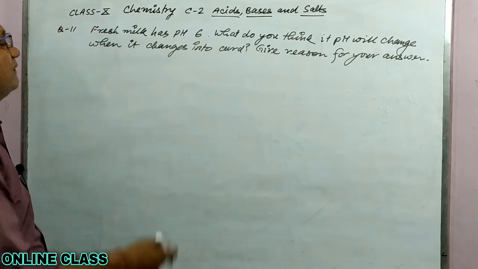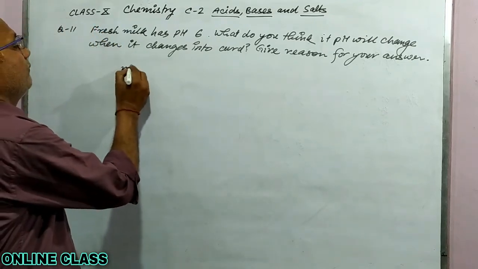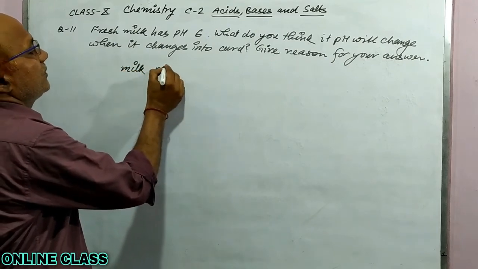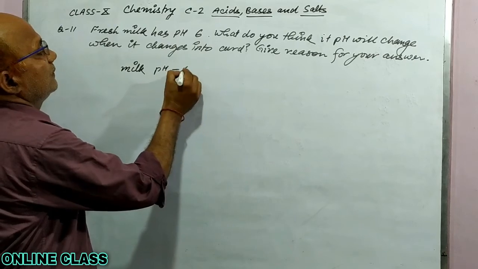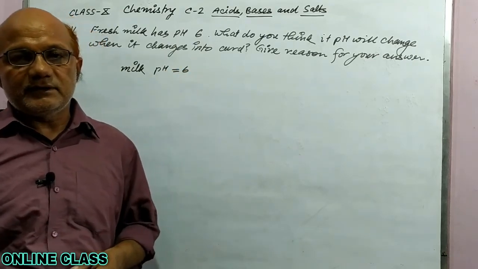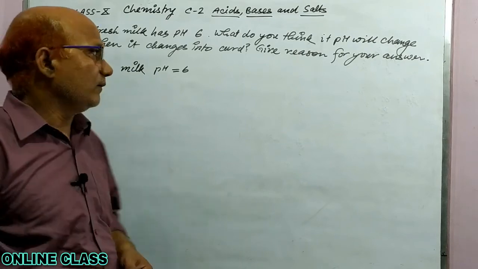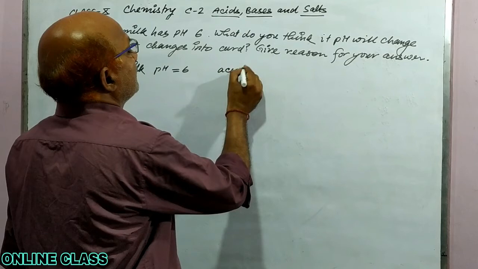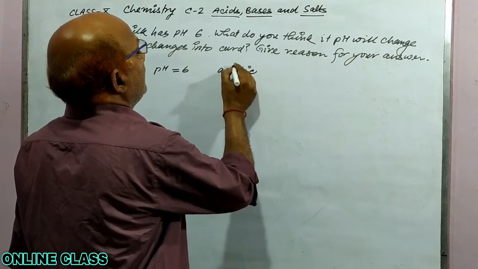So as you can see, fresh milk has pH 6. So can you tell what is the nature of this milk? Obviously it is acidic in nature. Okay.